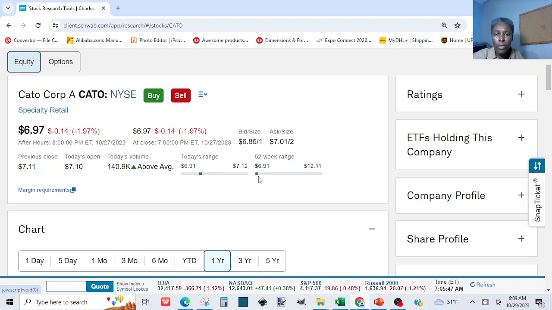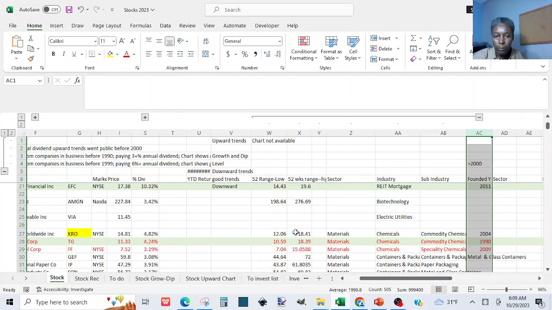So you want to record the lowest 52 weeks price and the highest 52 weeks price on your spreadsheet. There is an example here, and you want to record those on your spreadsheet.